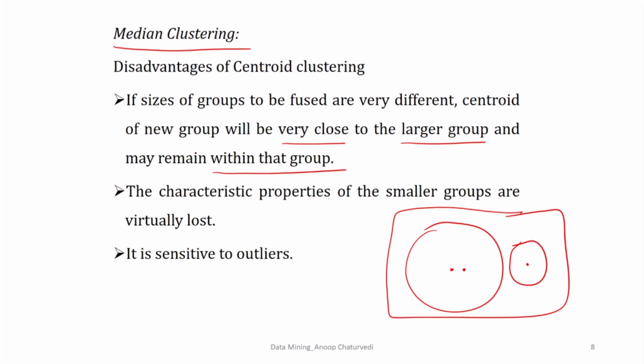So, this is the main disadvantage of centroid clustering. Further, the centroid clustering is quite sensitive to outliers, because as you know, the mean is quite sensitive to outliers, and centroid clustering is based on the mean.